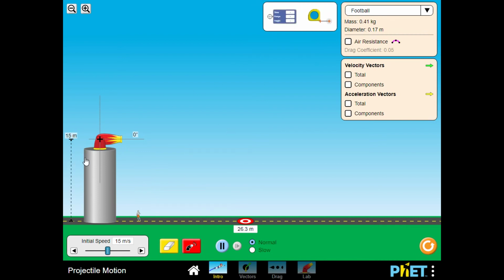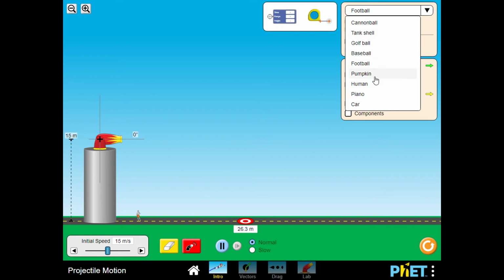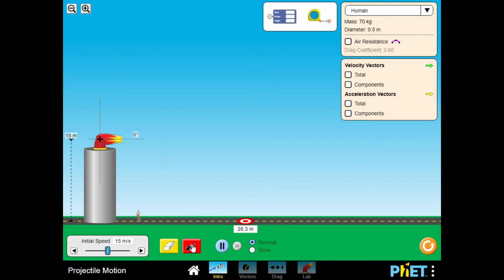Again, at a height of 50 meters, let's look at the velocity components. Here is the total velocity, this one is the horizontal velocity Vx, and this one is the vertical velocity Vy. The total velocity is the combination of the vertical and horizontal velocities.